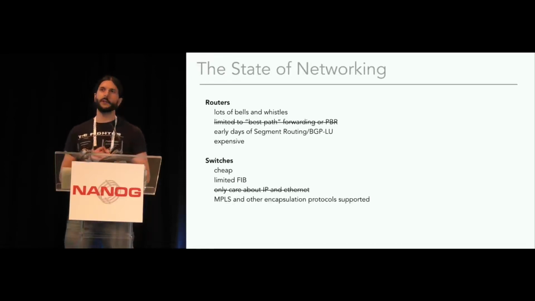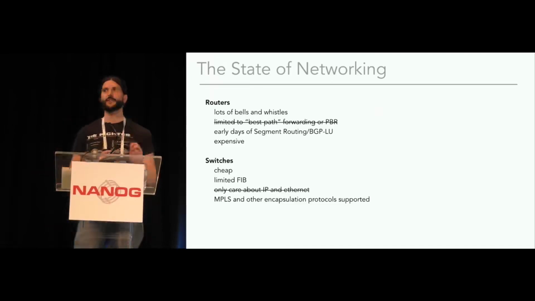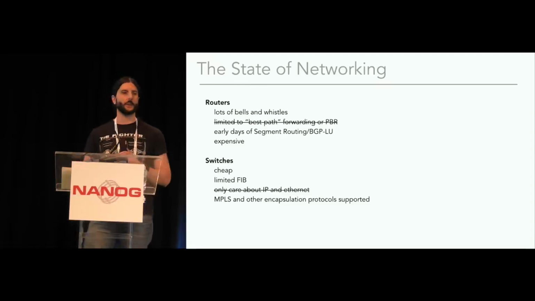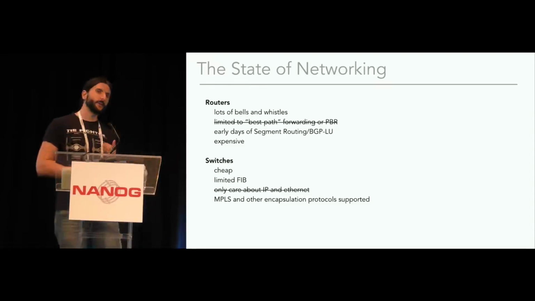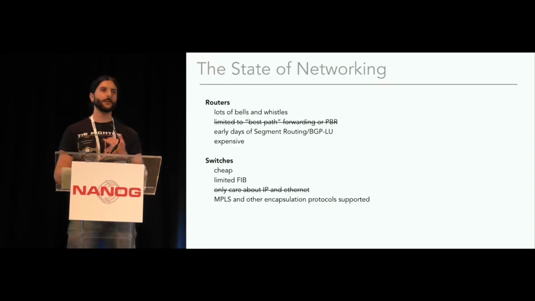The state of networking in 2015 was pretty much the same as in 2013, but there were a few differences that changed the game completely. It was the early days of segment routing on BGP-LU, which went very well with what we were doing.